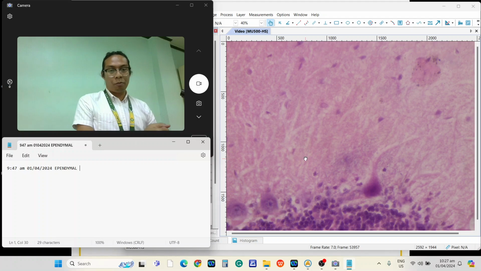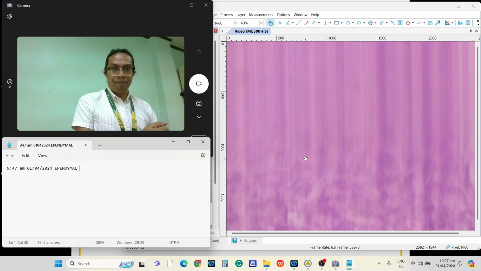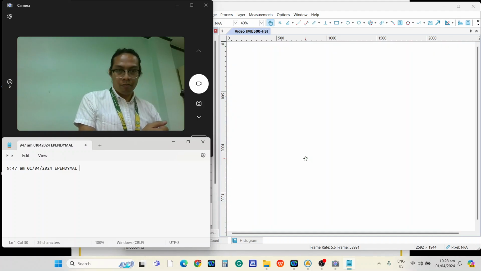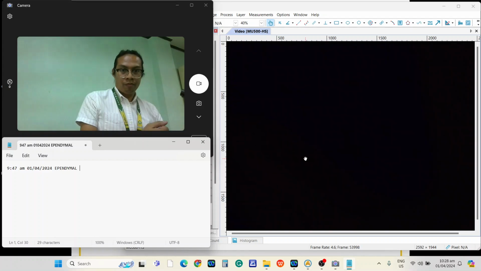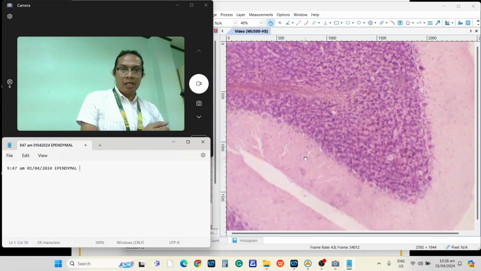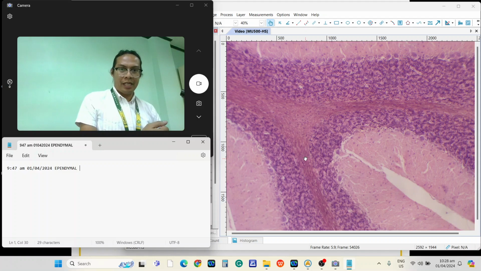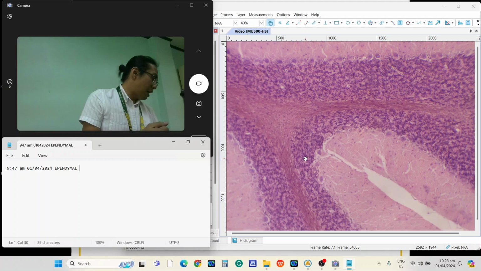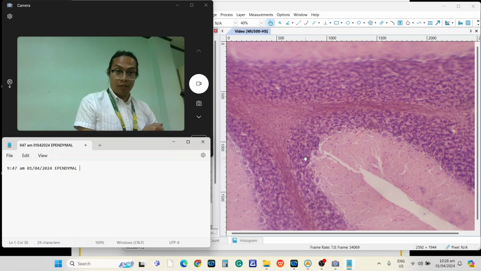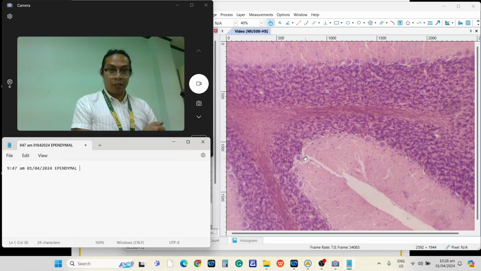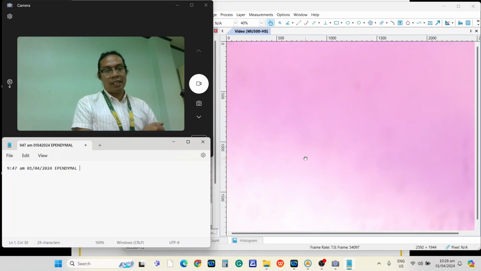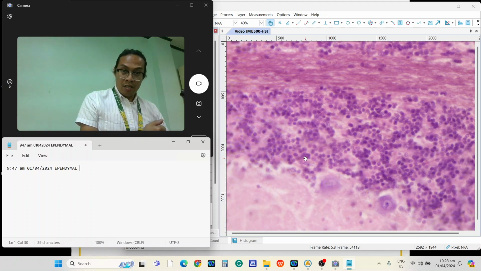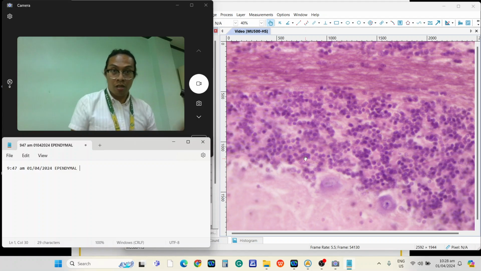Oh, sorry, hindi ko pala napakita sa inyo ang white matter. Bagal na ng camera. So that is the white matter. Ano ang ating makikita sa white matter? These are myelinated nerve fibers. Paano natin nasabi na myelinated? Meron siyang mga Schwann cells.